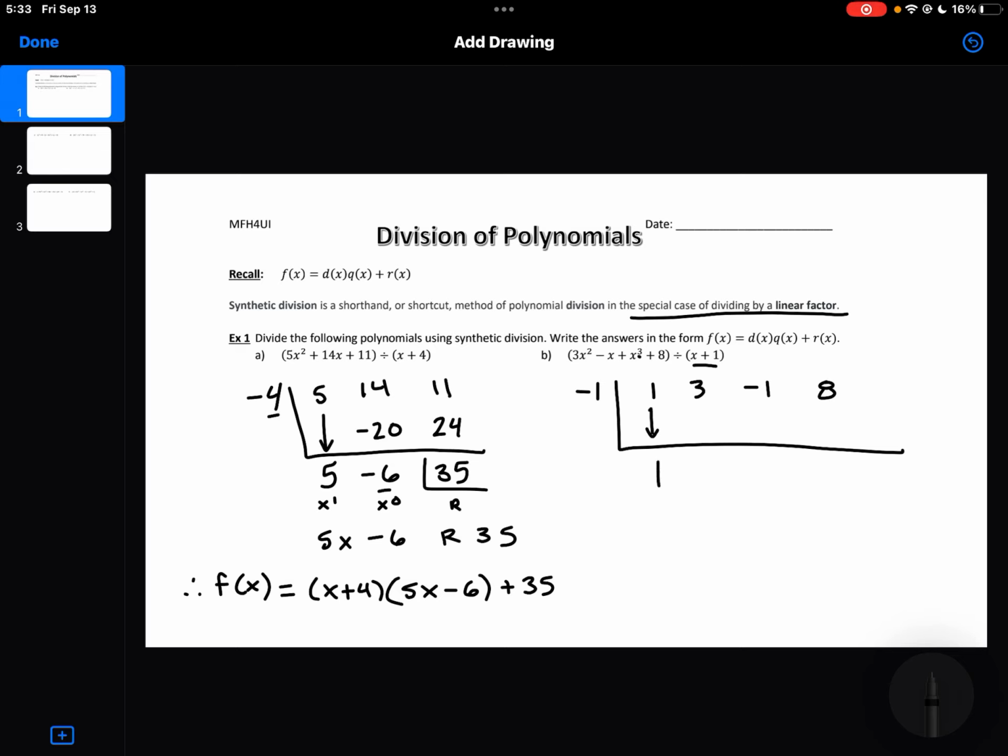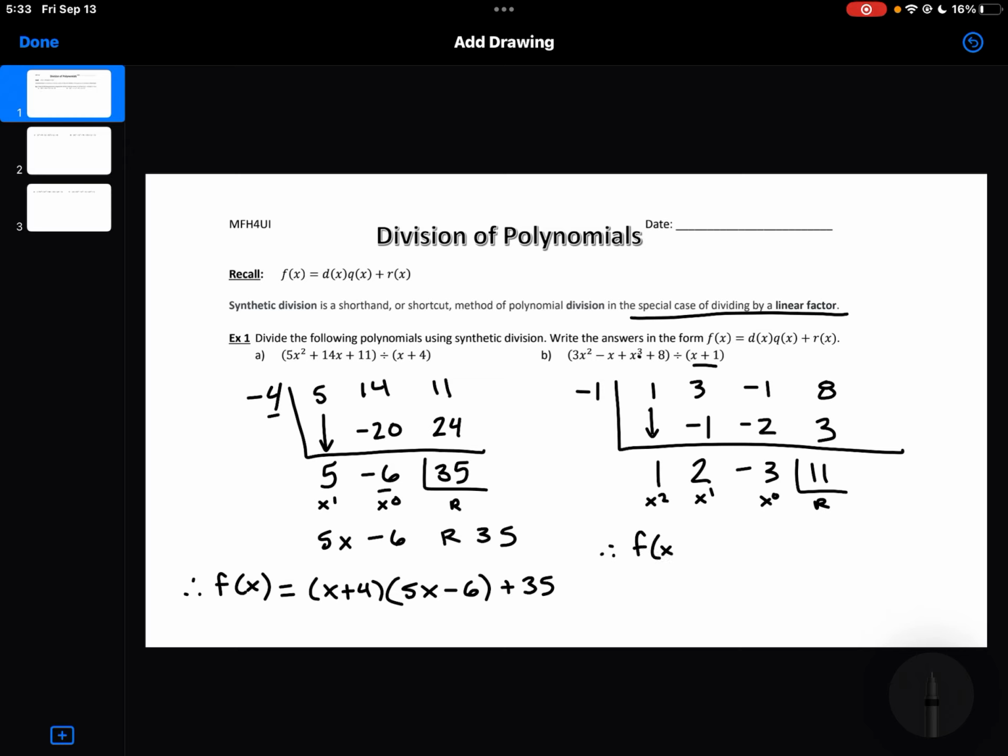So I bring down the first one, then I multiply through, then I add my next column, multiply through, minus 1 times 2 is minus 2, and then I'm going to add them together. Minus 1 times minus 3 is 3, add them together, I get 11, and then I start with my rightmost term as my remainder, and then I've got my constant, my linear term, and my quadratic.